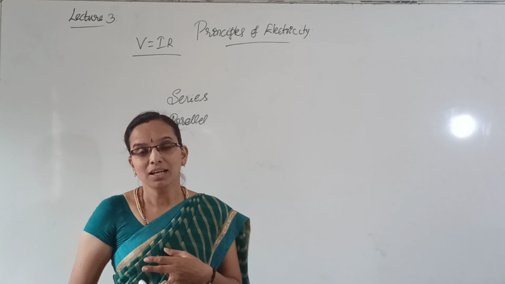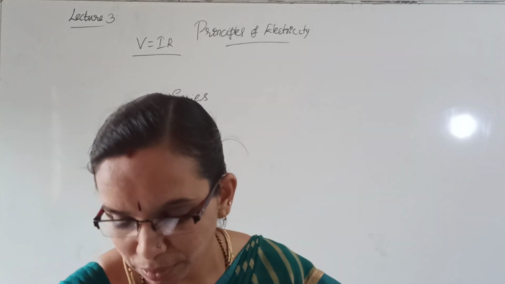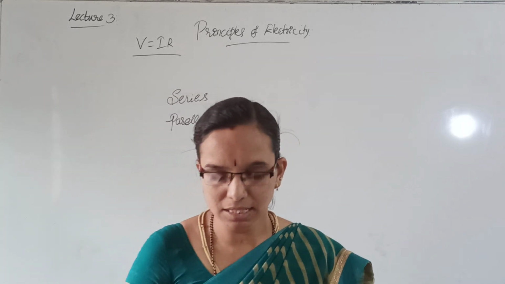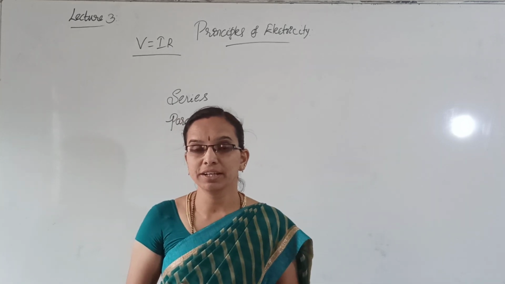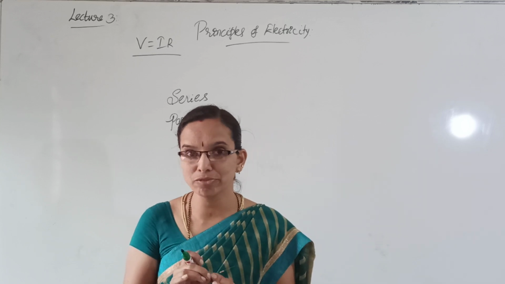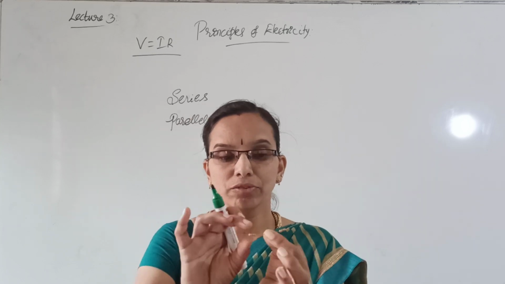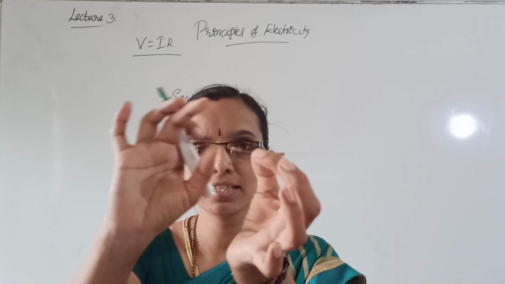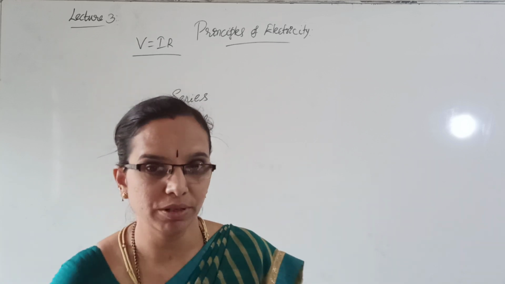Okay. See, in series combination, in the sense these resistors are connected end to end. End to end in the sense, you have already studied the series combination of cells, I guess. So if you connect these resistors like this, then it will be a series combination.